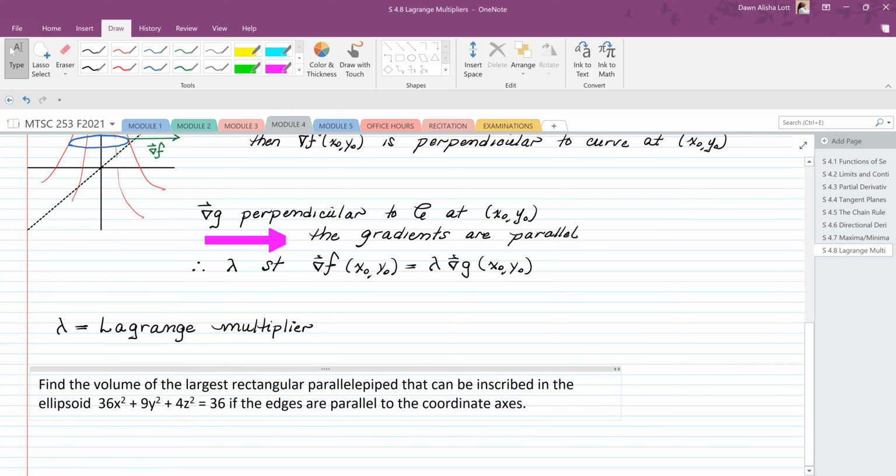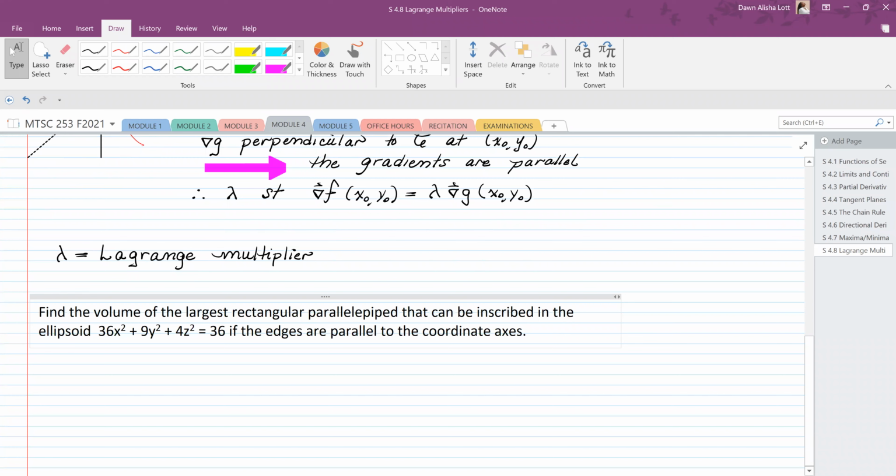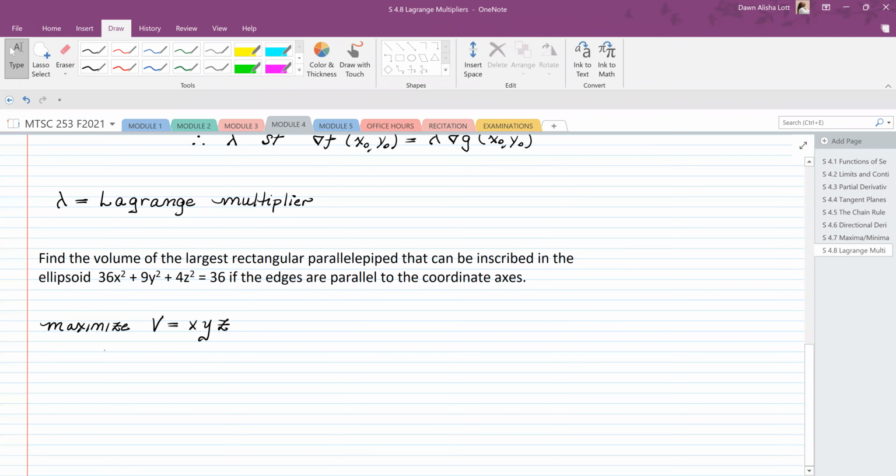So we are trying to maximize volume, and the volume was xyz. So that's going to be my f. It's just the product of them.